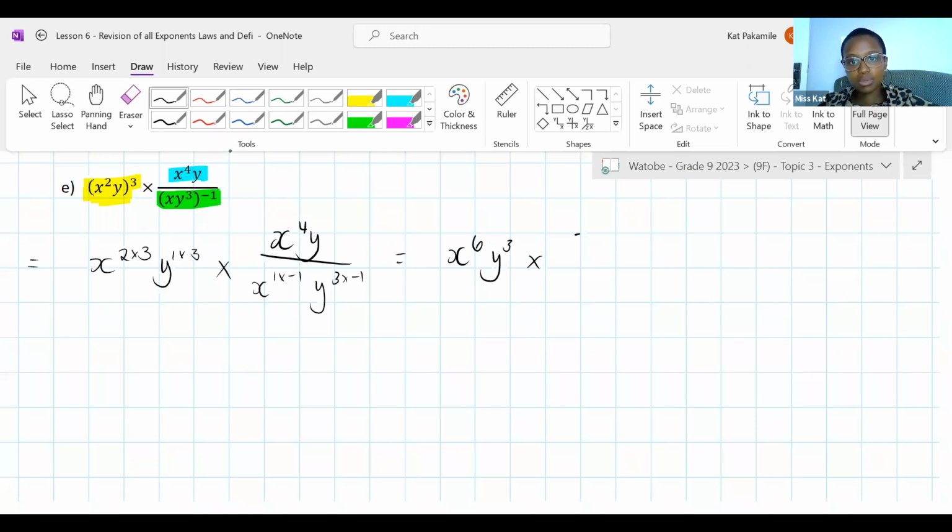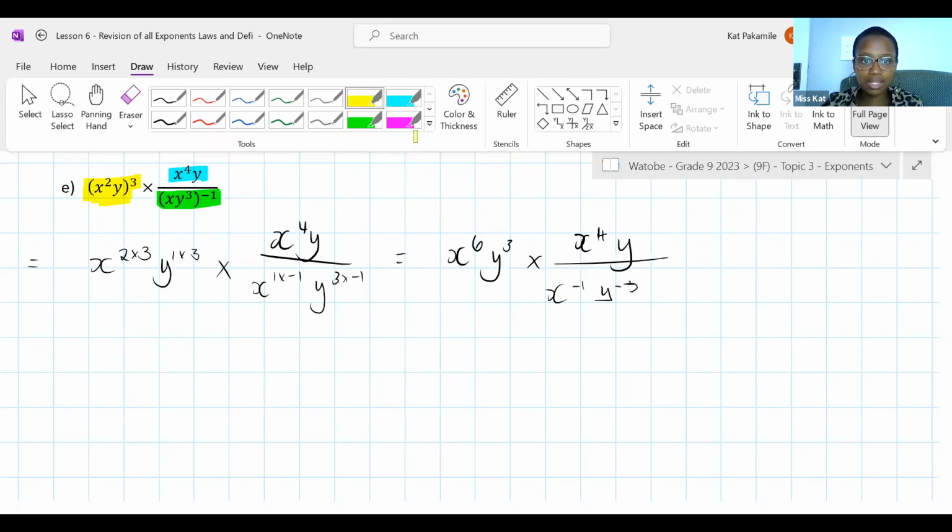Times, we have an x squared and y to the 3. At the bottom, 1 times negative 1 is what? Negative 1, and x. 3 times negative 1 is? Negative 3. Yes, that would work out. Now, Rabbit, do you agree that we have two bases here?